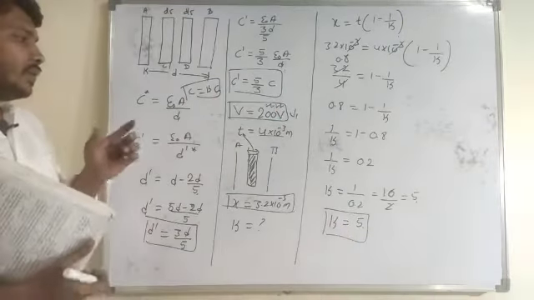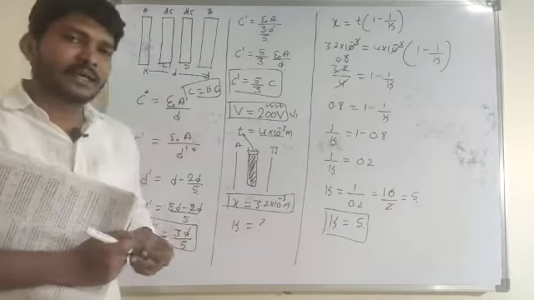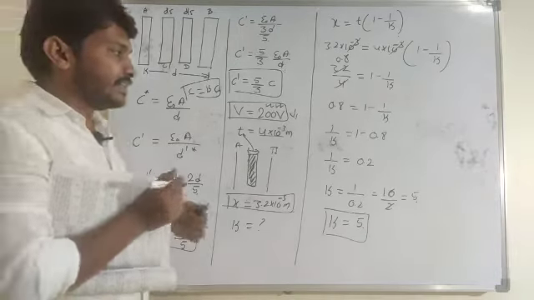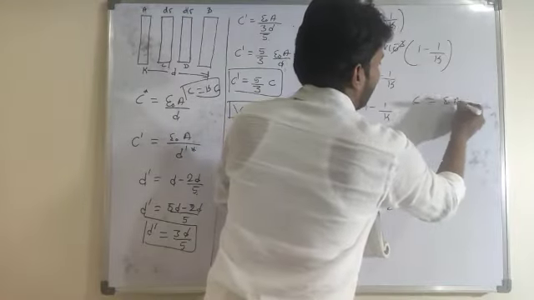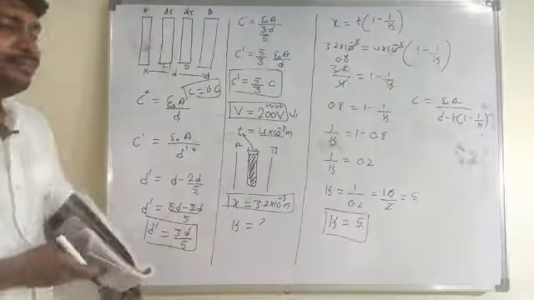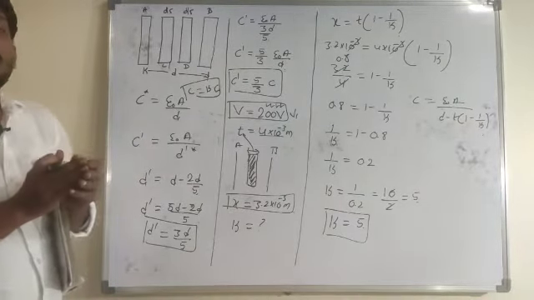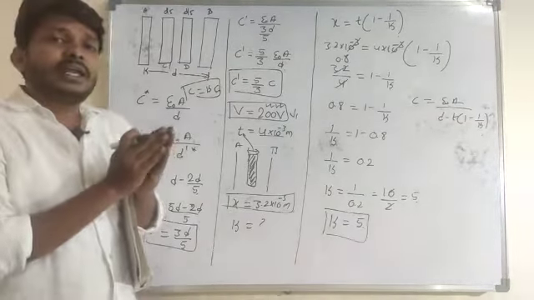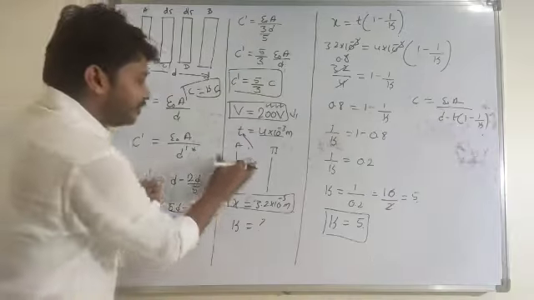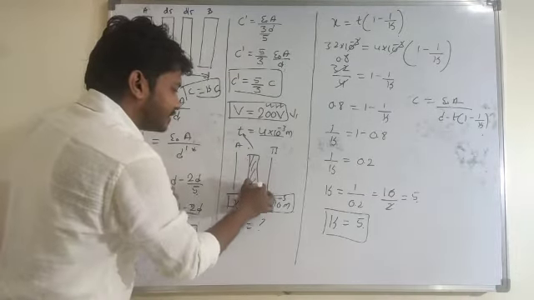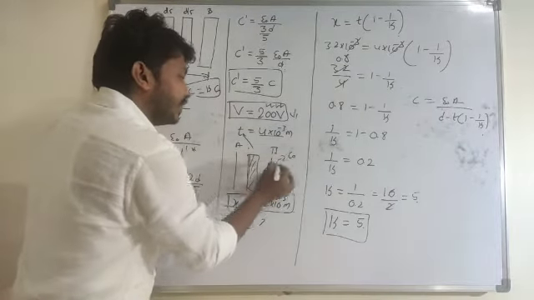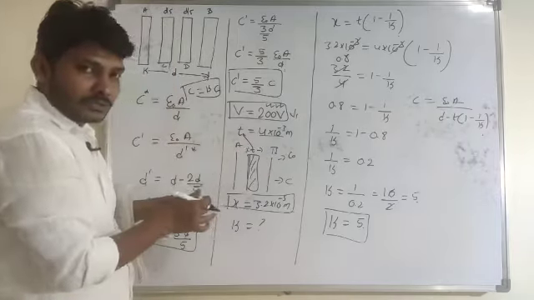What is that K value? Look here, in the case of the capacitance of a parallel plate capacitor when the dielectric medium is partially filled, the capacitance value will increase. The generalized formula given is epsilon naught A divided by D minus T into 1 minus 1 by K. In order to get the same initial capacitance value: without the dielectric medium, the capacitance is C naught; after placing the dielectric medium, it is C. To get the same capacitance as C naught even after placing the dielectric medium, did you get my point?